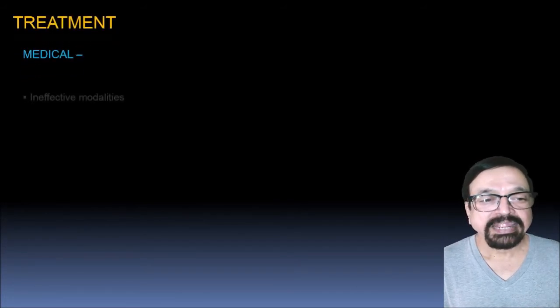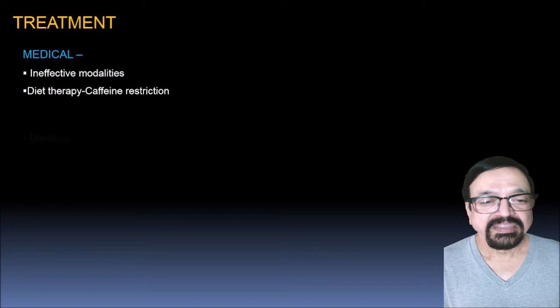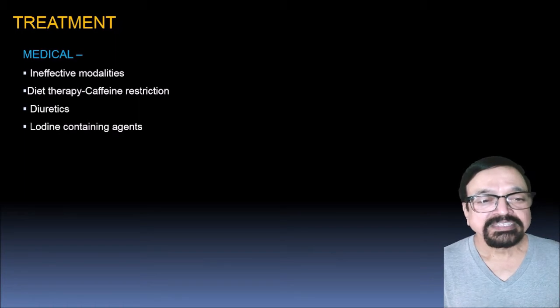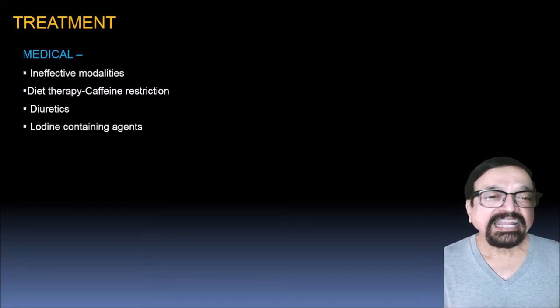Now what is the treatment? Is it medical treatment? Sometimes the medical treatment may be effective or may not be effective, and the follow-up on a modality will tell you whether it is effective or not.